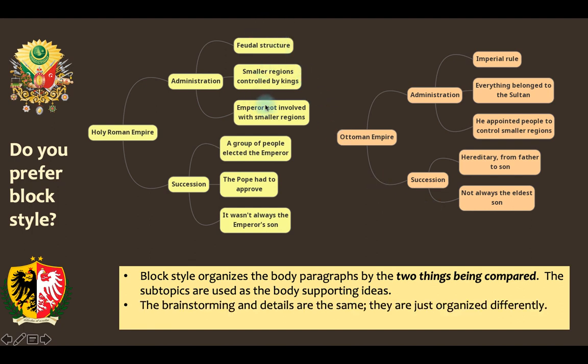The brainstorming and the details are all the same. They're just organized differently. And your introduction, your thesis statement, and your conclusion are going to be exactly the same for point-by-point and block style. It doesn't matter which way you choose as long as you keep to the right structure throughout your essay.